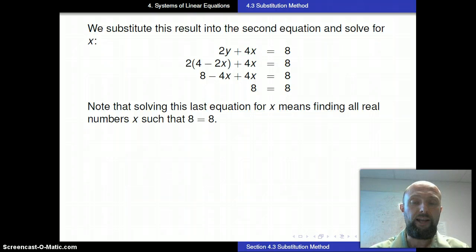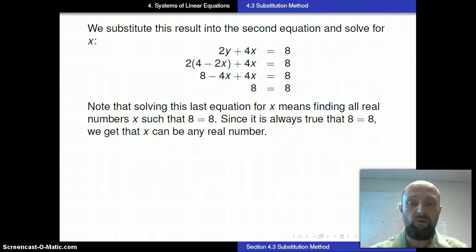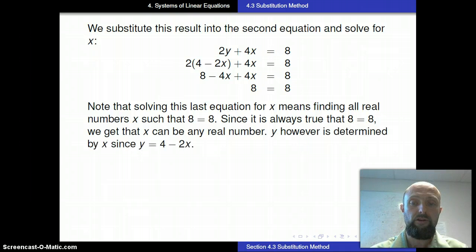Notice that solving this last equation for x means finding all real numbers x such that 8 is equal to 8. Since it is always true that 8 is equal to 8, we get that x can be any real number. Y, however, is determined by x, since y is 4 minus 2x.